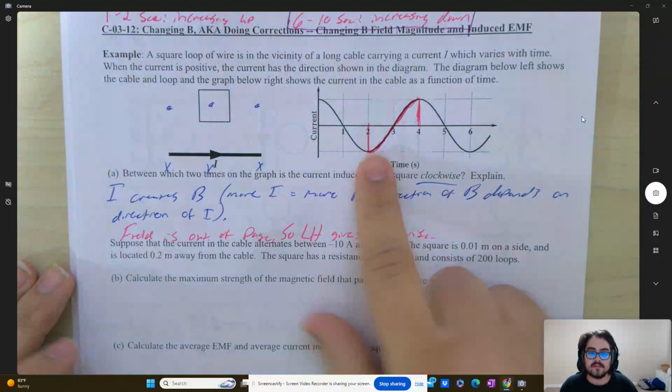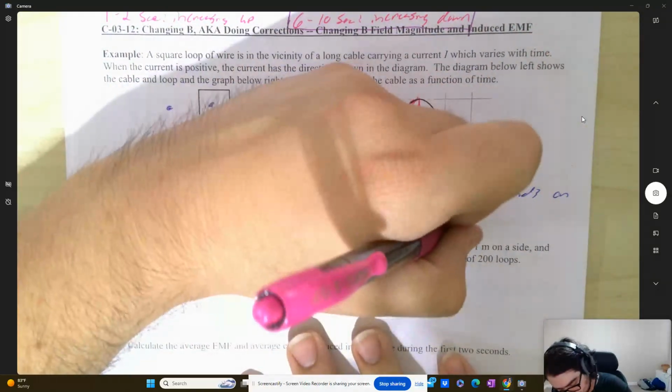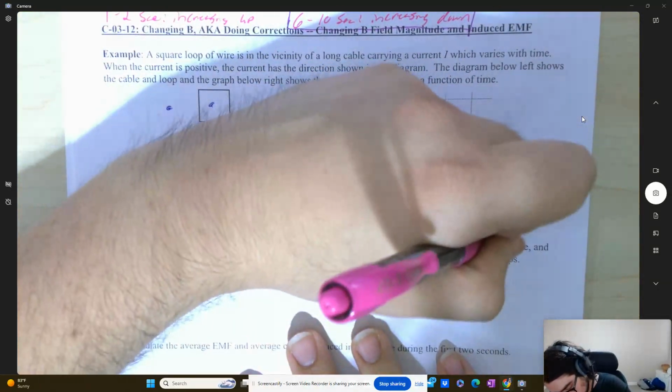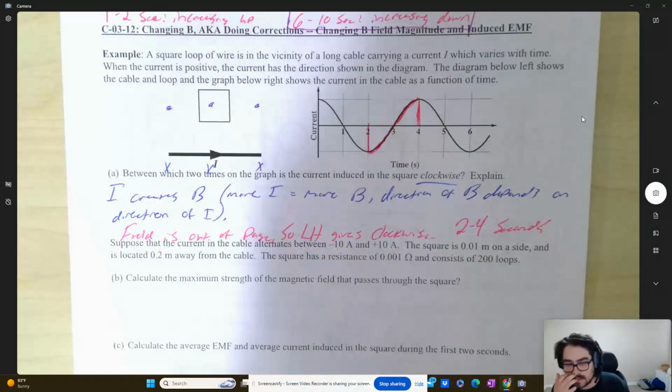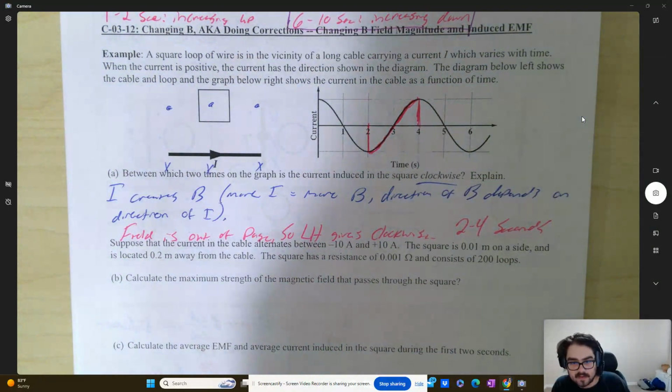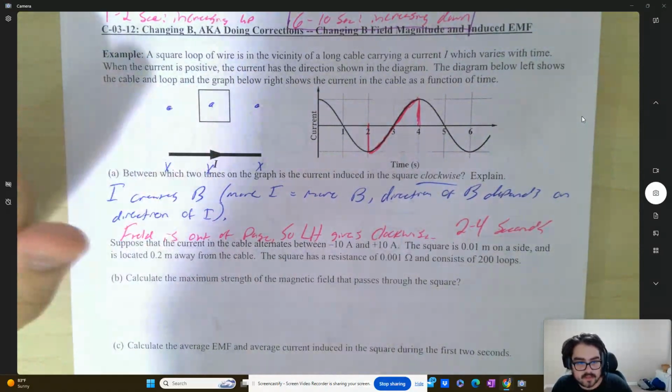So at this segment right here from 2 to 4 seconds, that's when the current is increasing, which means the B field is increasing, which means it's going to go clockwise.